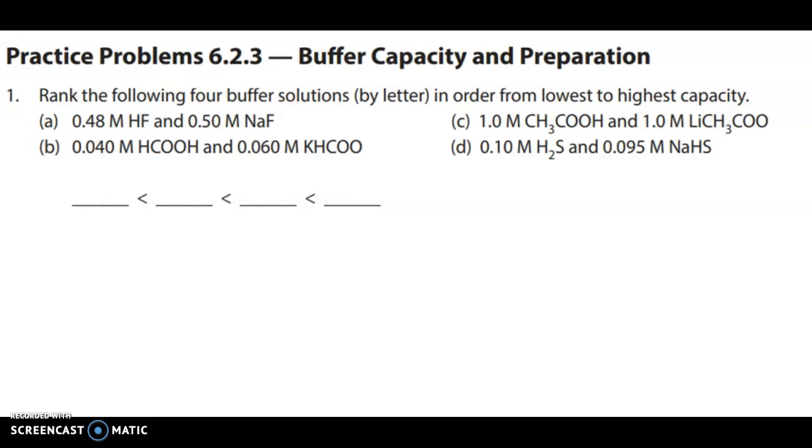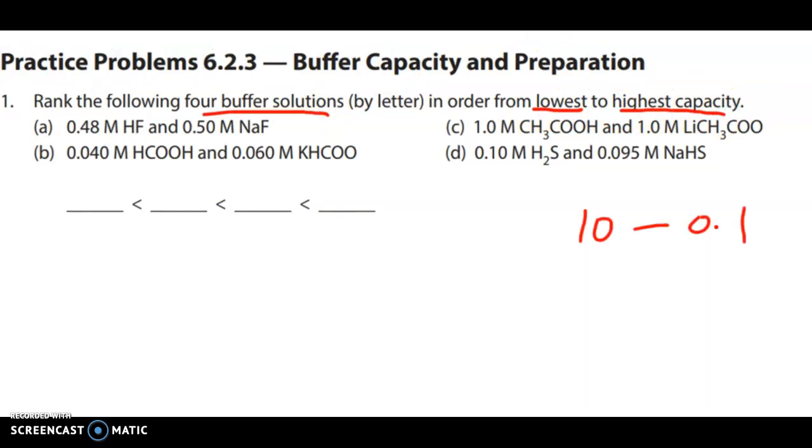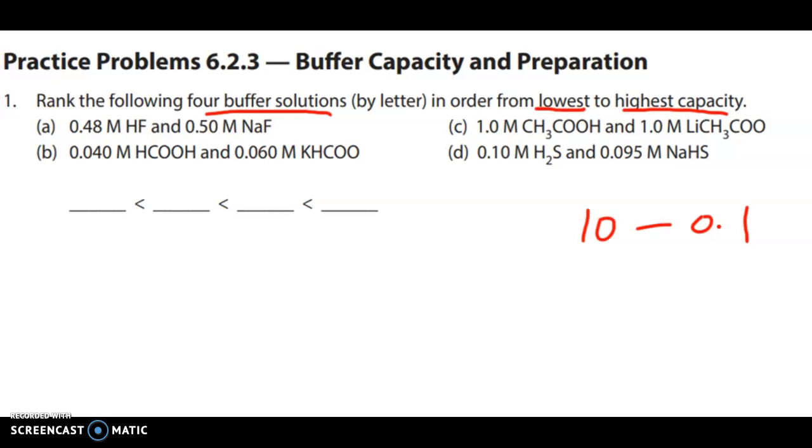So let's take a look at our last set of practice problems. Here we have, rank the following 4 buffer solutions in order from lowest to highest capacity. When we're looking at the capacity, remember that the range is from 0 to 1. The highest capacity that you can have is directly in the middle where your ratio is a 1.